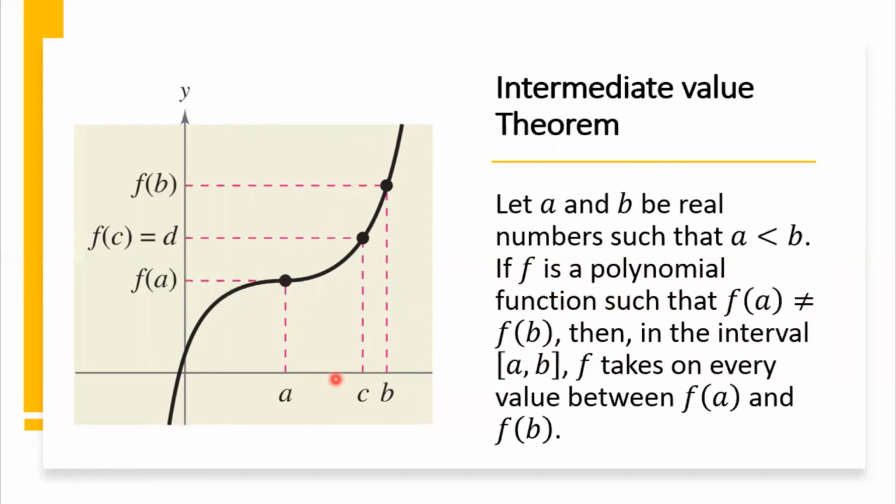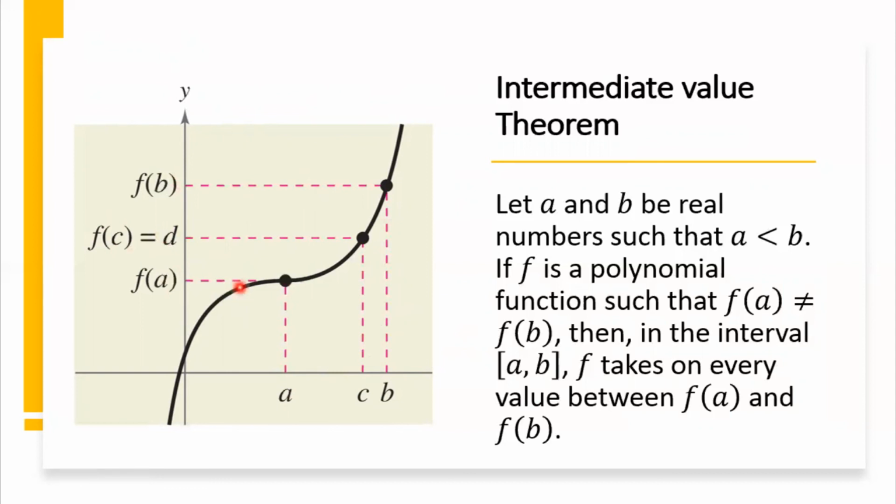So f takes on every value between f of A and f of B. So for example, there are points here in between A and B. So we can have, let's say, 1 point only, C. So we can have f of C, which is equal to D, for example. Now note that f of C is still in between f of A and f of B.